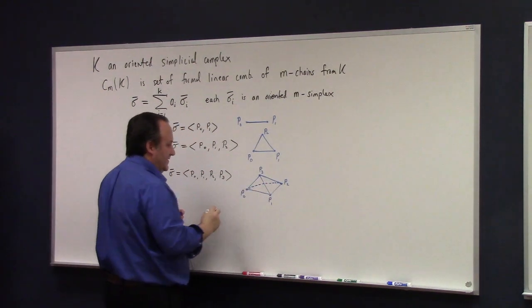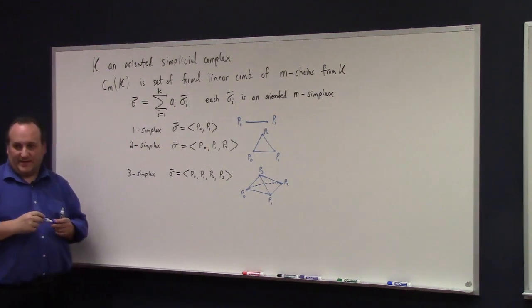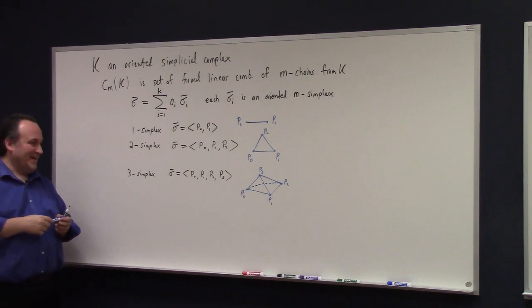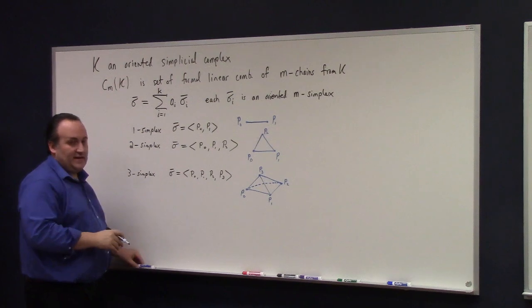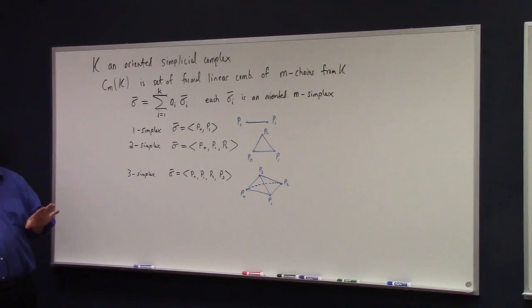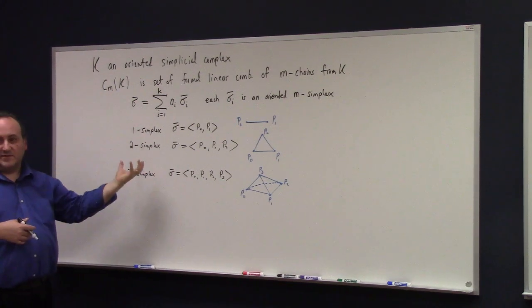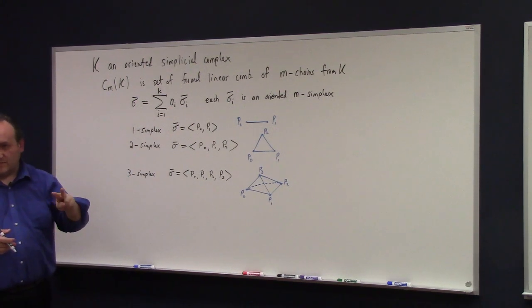I will not attempt to draw the 4 simplex, but obviously nothing's stopping us from doing that. This is completely algebraic. A simplicial complex is a collection of simplices that satisfy 2 axioms.